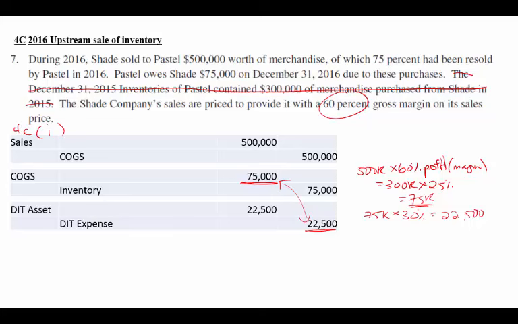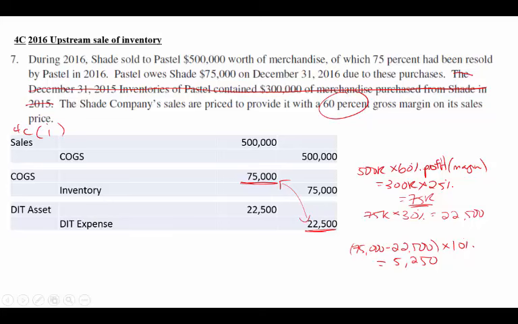And then finally, NCI. This is an upstream transaction from Shade to parent, and we have adjusted profit net of tax. So let's take our $75,000 net of tax, and NCI owns 10%. So NCI has to share in this adjustment to sub's net income as well as parent, and so we'll see that NCI ends up with a drop of $5,250.